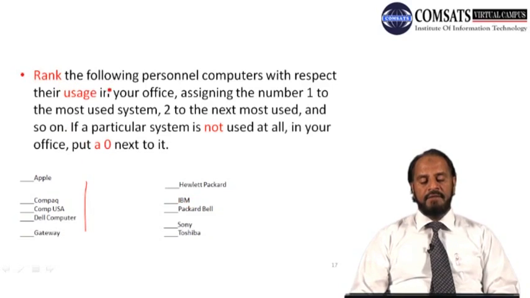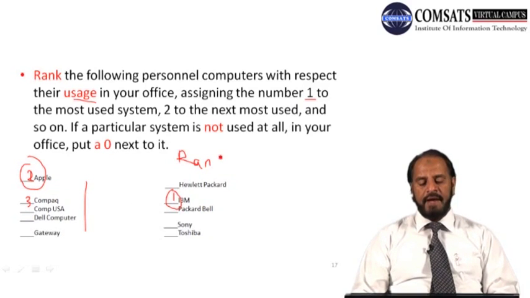So ranking the following personal computers will give you the usage from 1, which is the most used, then the second most used, and the third most used. But if this information is not known, that is, how many more IBMs there are than Apples, that's the problem here.